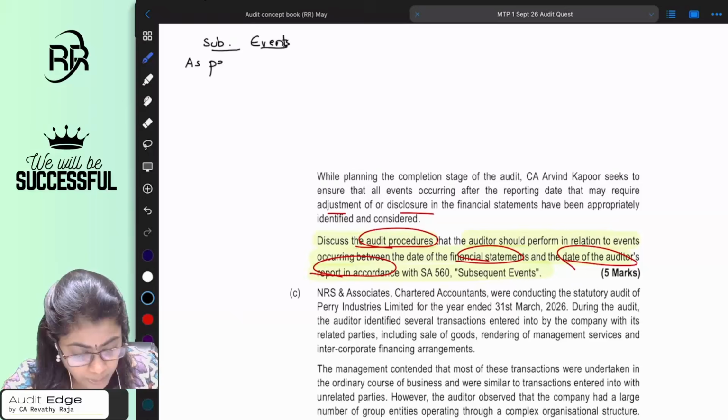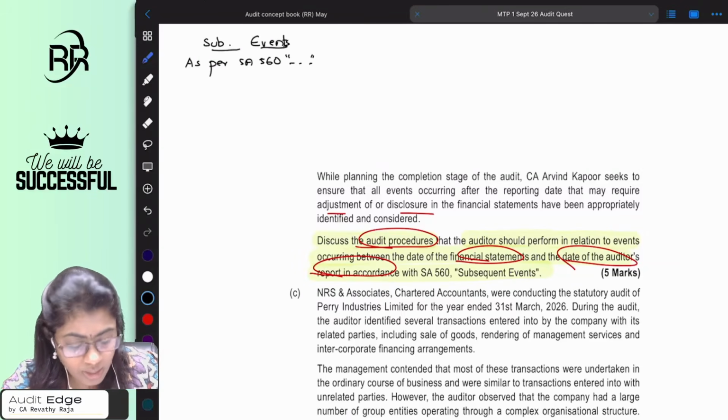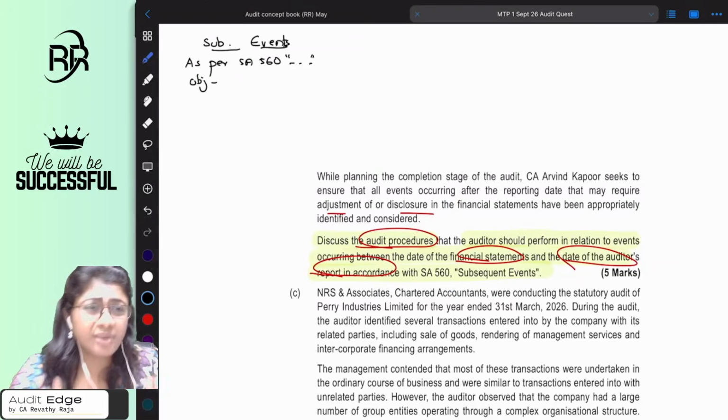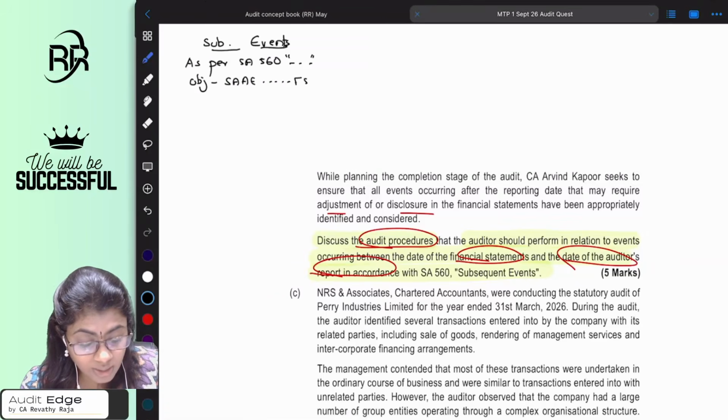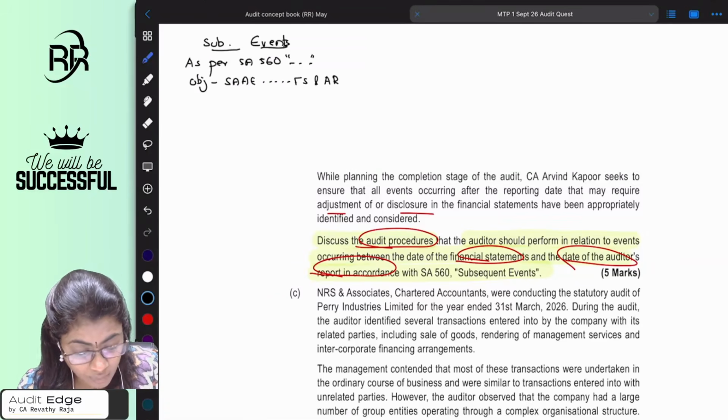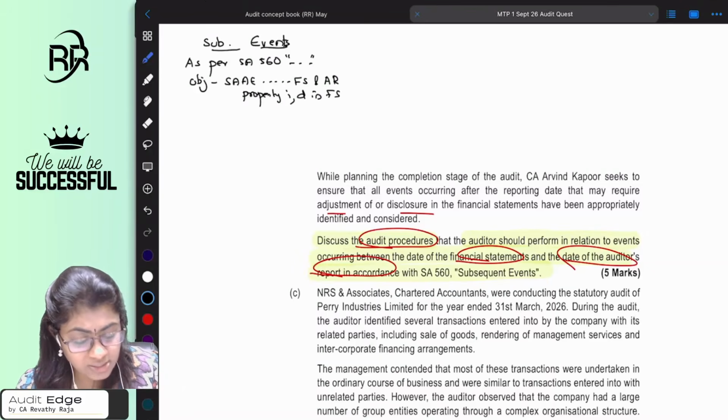Now, as per SA 560, you can write the objective of the auditor. The auditor shall obtain sufficient and appropriate evidence whether the events occurring between the date of FS and the date of audit report are properly identified and disclosed in FS as per AFRF.